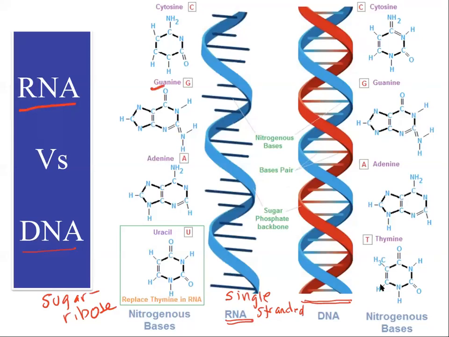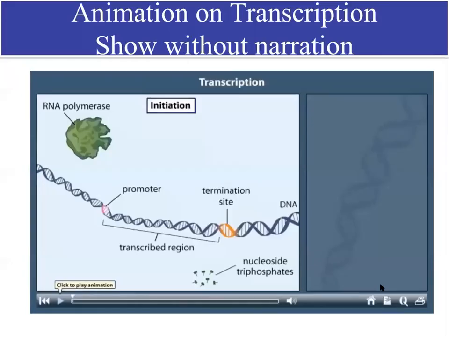It has guanine, adenine, cytosine, but the thymine has been replaced with uracil. So when we encounter a need for base pairing and we've got an A in RNA, the U will pair with A instead of a T. So we still have C and G, but now we're going to have A and U in RNA. Those are the three differences: the sugar is ribose, it's single-stranded, and it uses U instead of T.